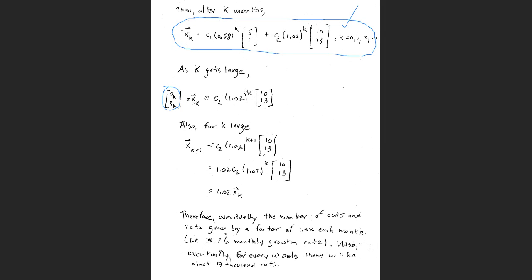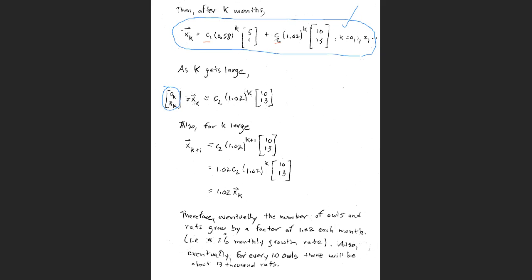And you'll notice that we did not solve for C1 and C2. Those are just unknown constants. Of course, if I were given an initial population of owls and an initial population of rats, then I could solve for those constants. But we really don't need to solve them in order to determine the evolution of the system.